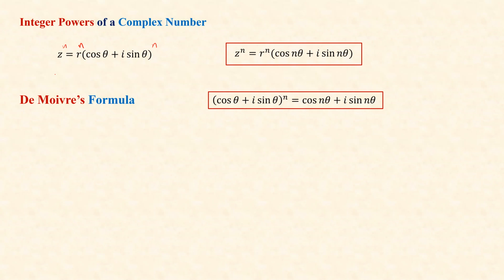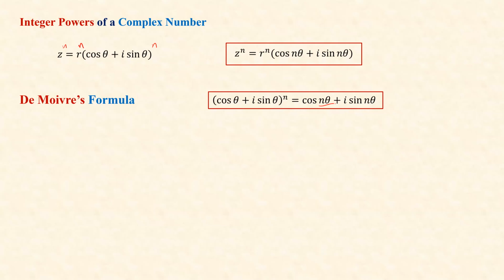So if z to the n is written both ways, then this must be equal to this, which is the case. And so this is an interesting formula. Not only is it interesting, but it is also very useful in finding the sines and cosines of multiples of theta.